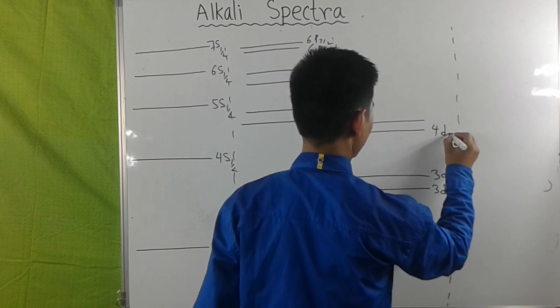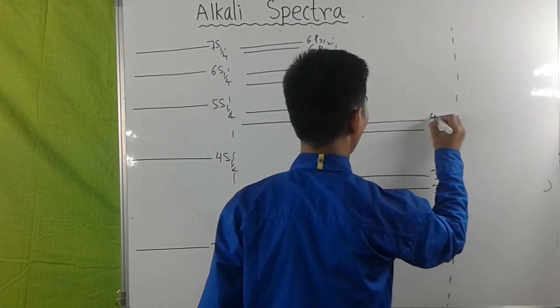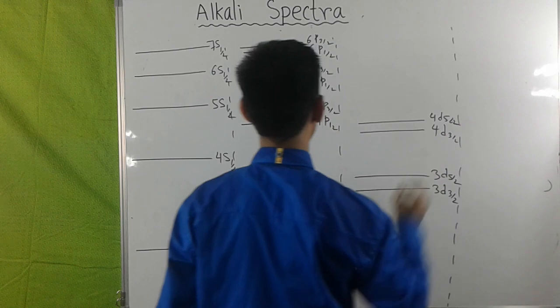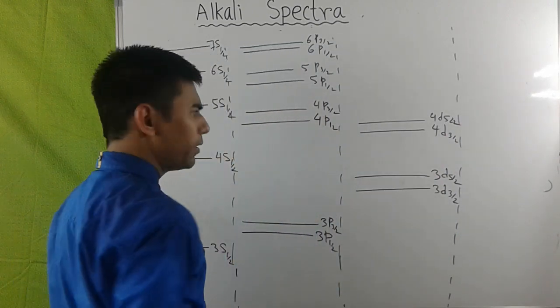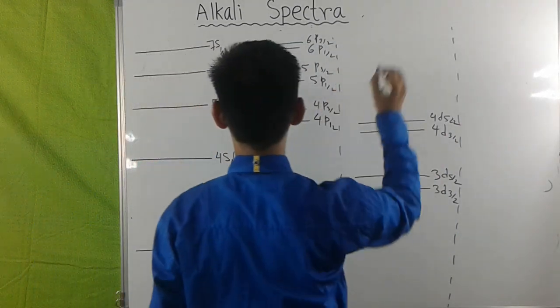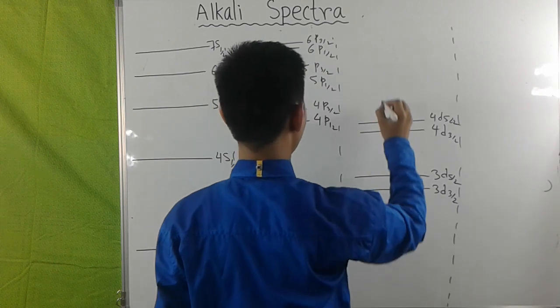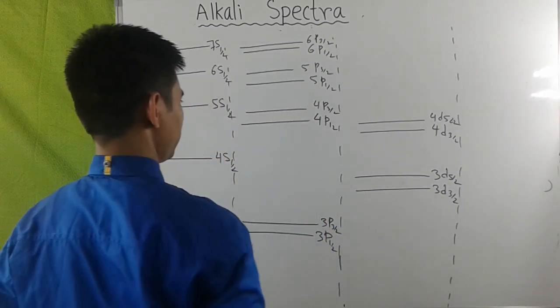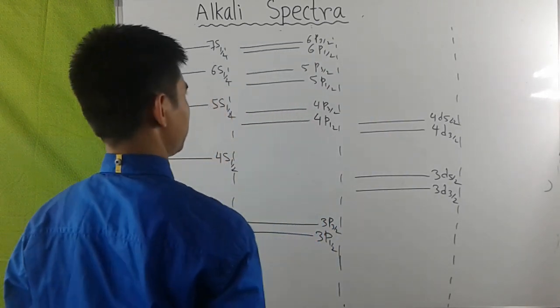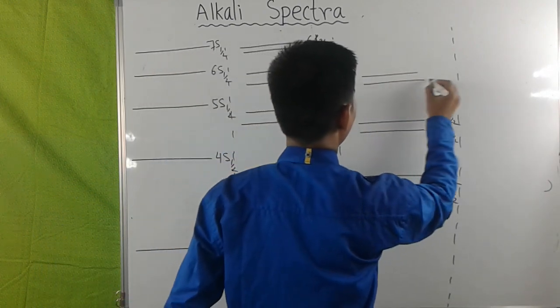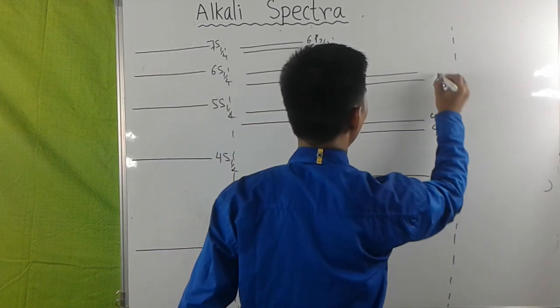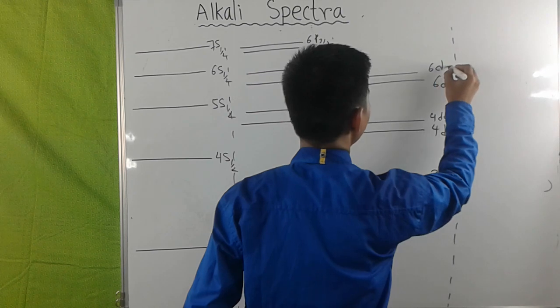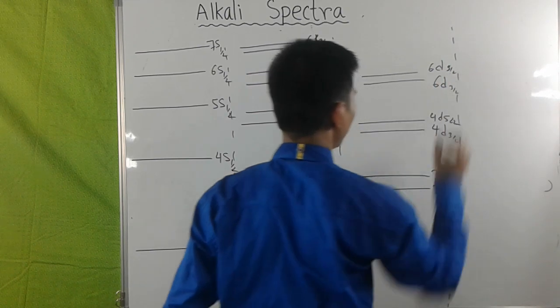This is the 4D 3/2 level and this is the 4D 5/2 level, and similarly the 6D level is also divided into two sublevels. This is the 6D 3/2 level and this is the 6D 5/2 level. Okay.